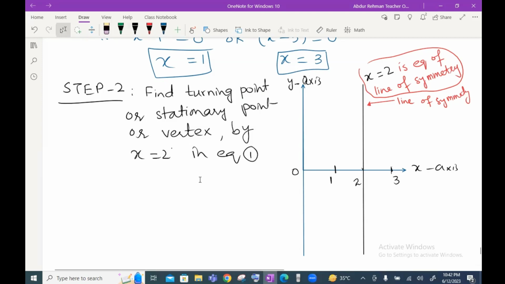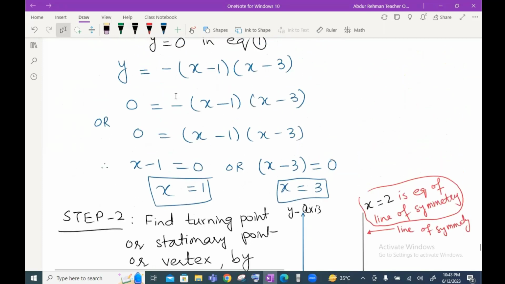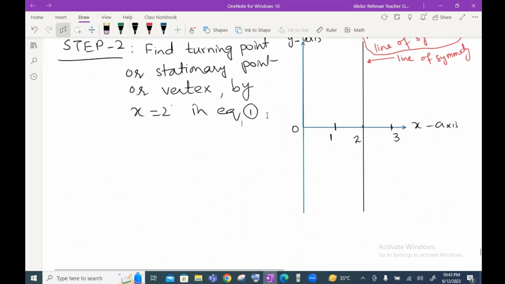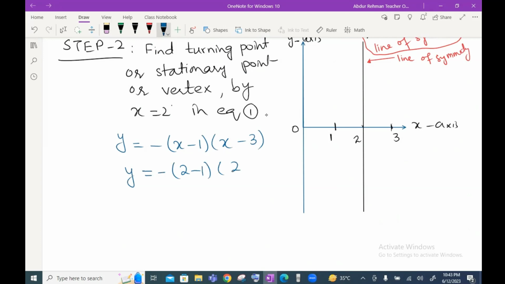Equation number 1 was y equals minus (x minus 1) times (x minus 3). So going to write y equals minus (2 minus 1) times (2 minus 3).